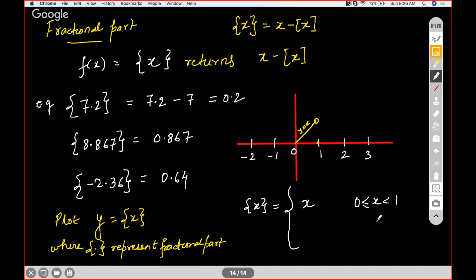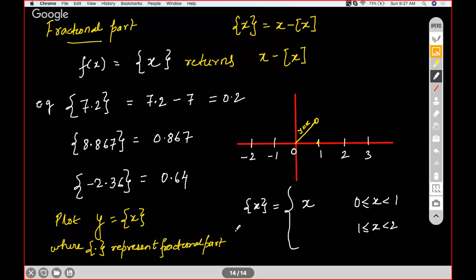Now try between 1 and 2. Okay, at 2 again it comes to 0. But if you say 1.5, for example, 1.5 minus 1 is 0.5.